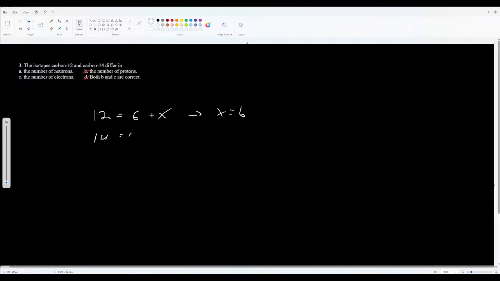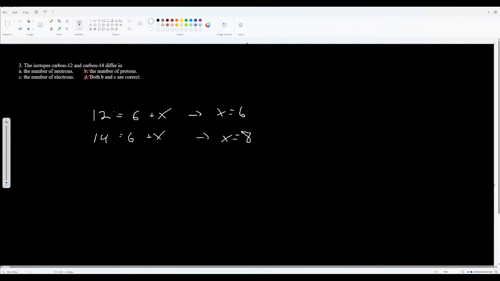So how about carbon-14? 14 equals 6 plus x. What does x equal now? 8. So this will have 8 neutrons. That's how you calculate the number of neutrons if you don't have it, because you will always have the number of protons, since the element doesn't change the number of protons.